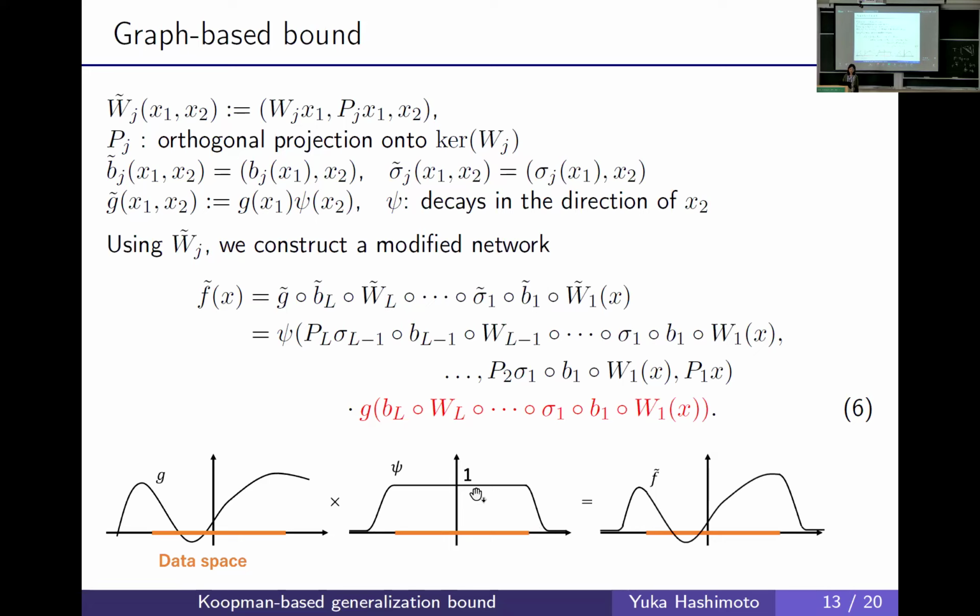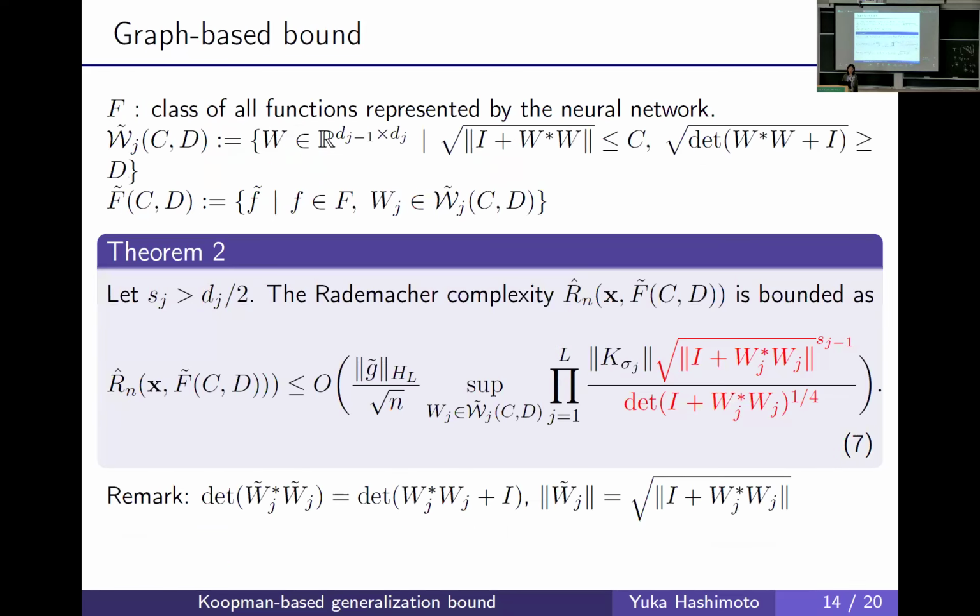So if the data is at the center of the domain of G, then the modified neural network F tilde and the original neural network are the same. By using this modified neural network, we can derive a similar bound as in the case of the injective weight matrices.